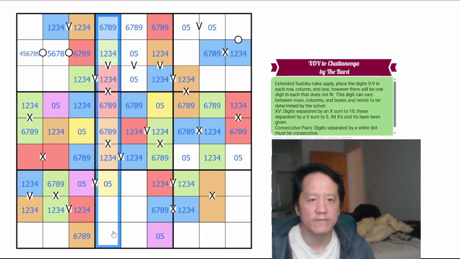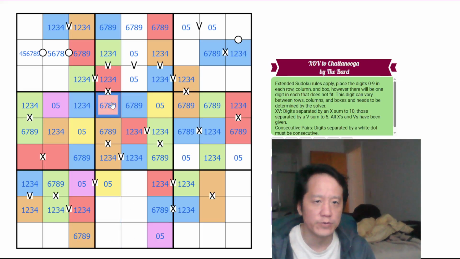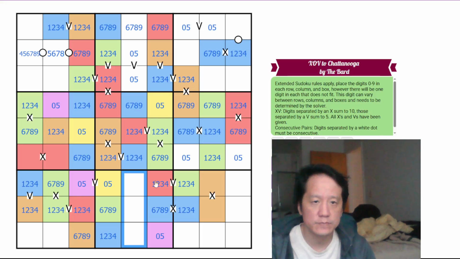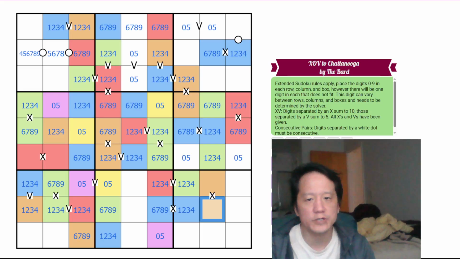Remaining digits in column 4 cannot be pink 0, 5. That means it's the remaining digits, which is a low blue, which cannot be here. So this is low blue here. And then a high green, which has to be here. This is the orange high, which makes this the orange low.